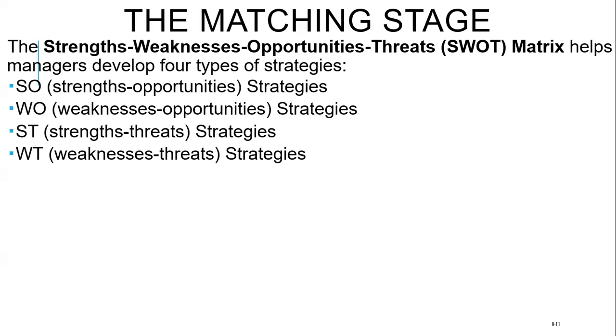The rationale for the strength threat strategy, as far as the SWOT analysis outcome is concerned, is that it focuses on leveraging internal strengths to protect a given organization from potential threats.